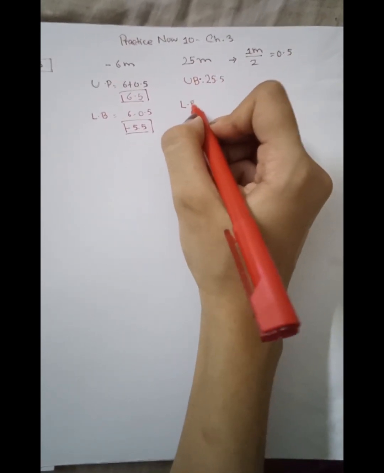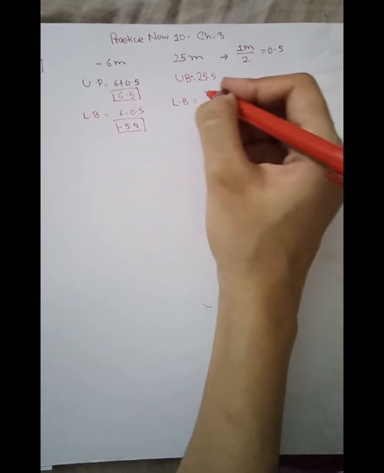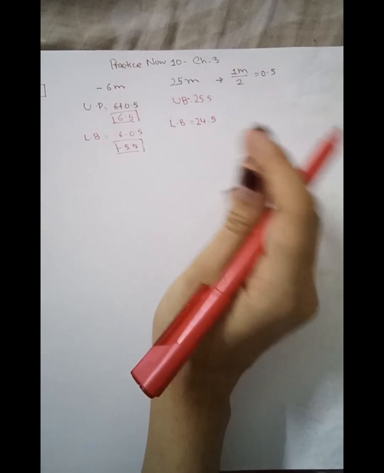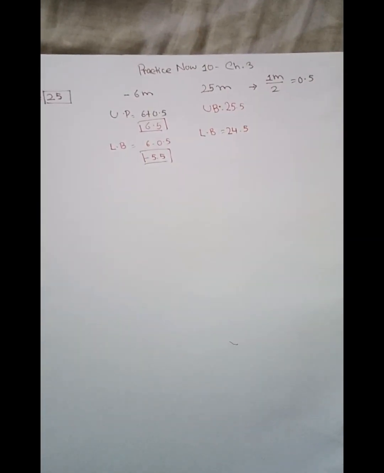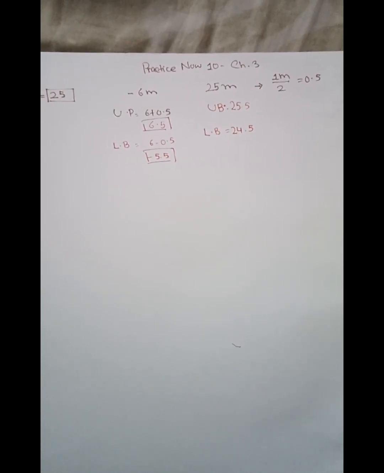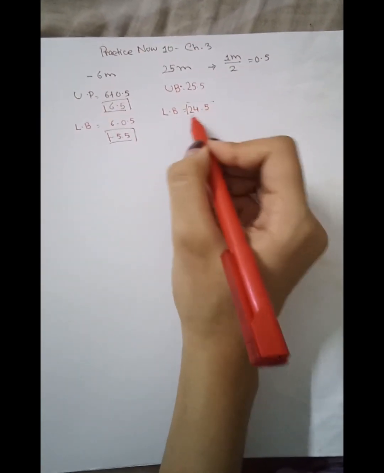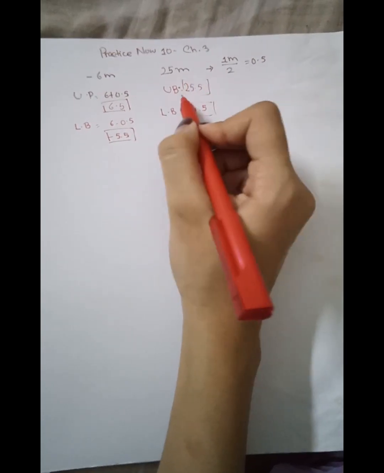And for lower bound, it will be 25 minus 0.5, so it's going to be 24.5. Now the question said, find the minimum and the maximum amount of wool that will remain. So I have these 4 values, and I'll use these 4 values to find the maximum and the minimum.